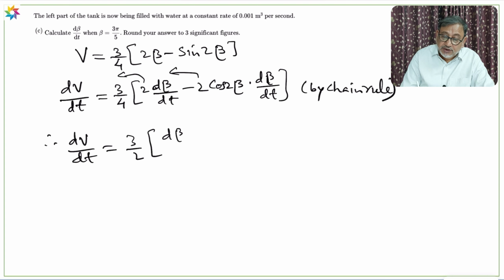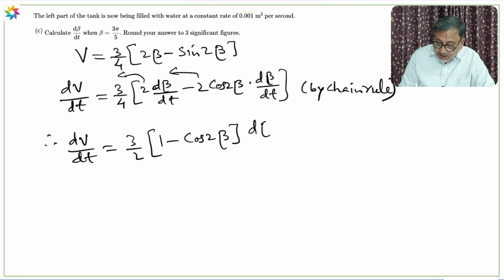Rate at which the water is filled. See, this is the rate of filling of water, which is d beta by dt. Okay. No, what I will do, I will take this common from both of them. So 1 minus cos 2 beta and d beta by dt I will keep out, right?